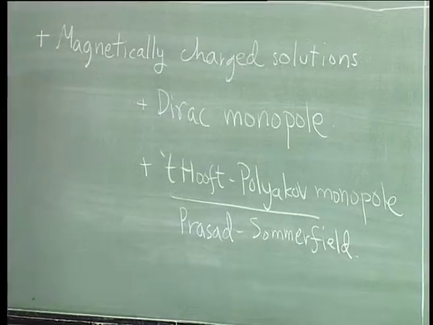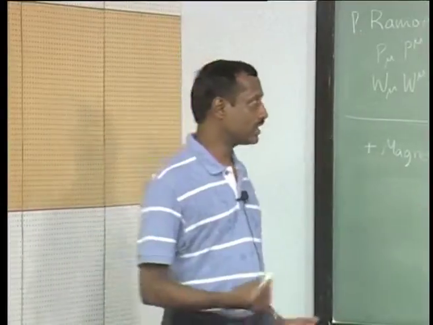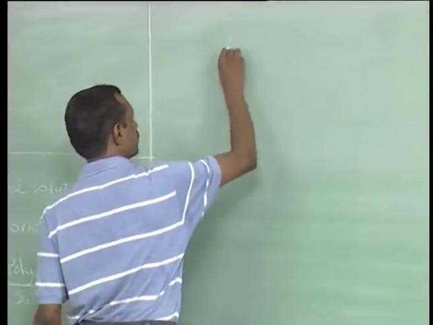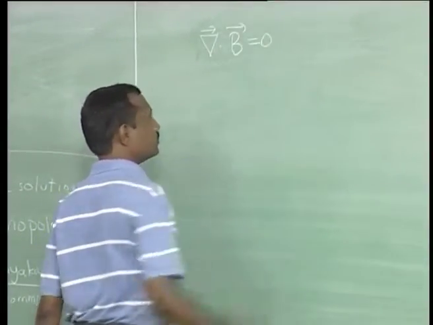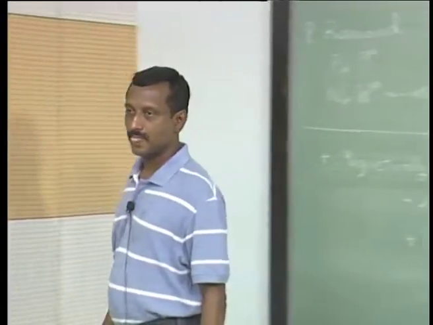So, it is kind of counterintuitive. We know that we do not see anything which carries magnetic charge, okay, and that is really reflected in Maxwell's equations, which we write out as del dot B equal to 0, okay.